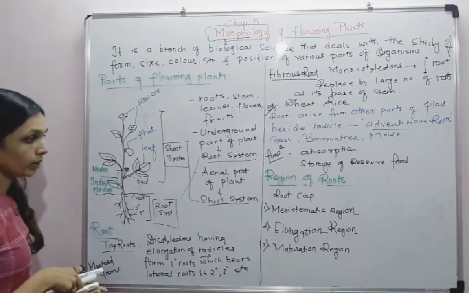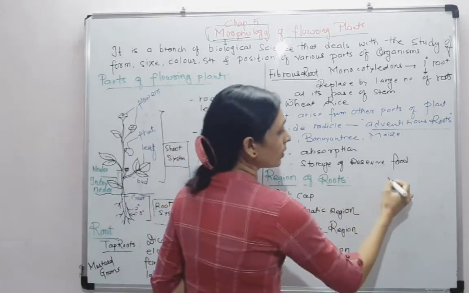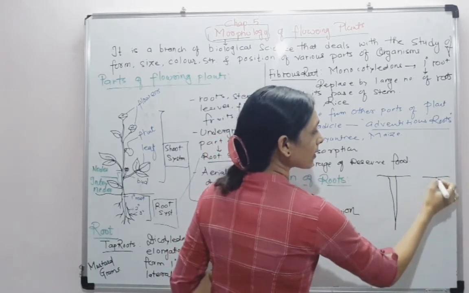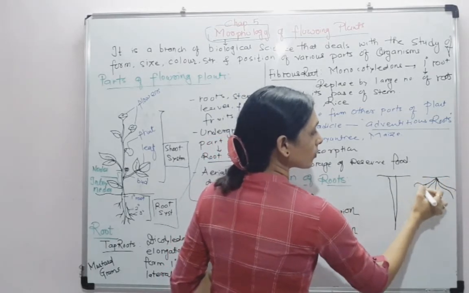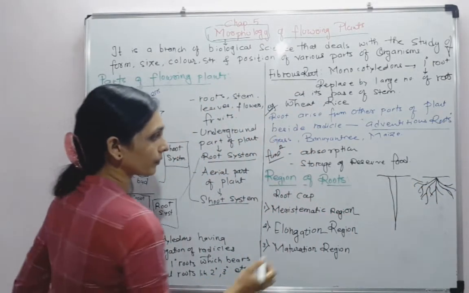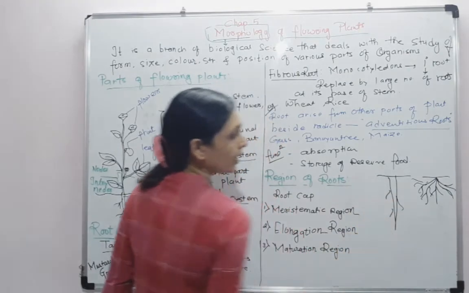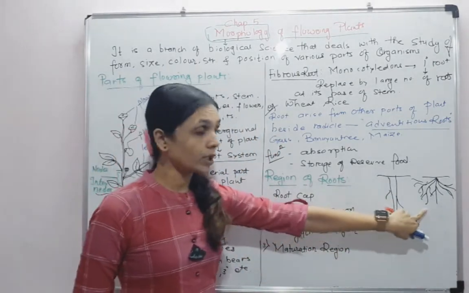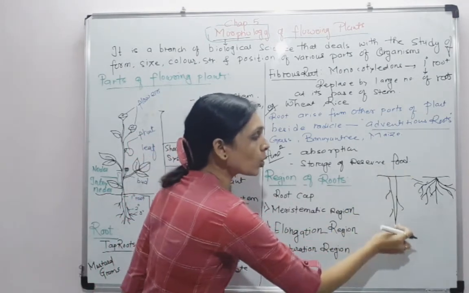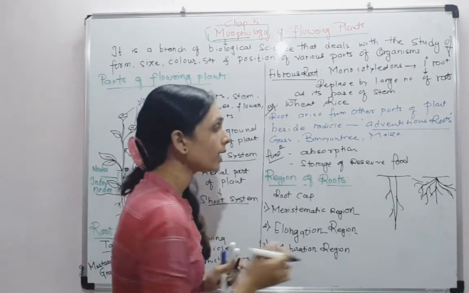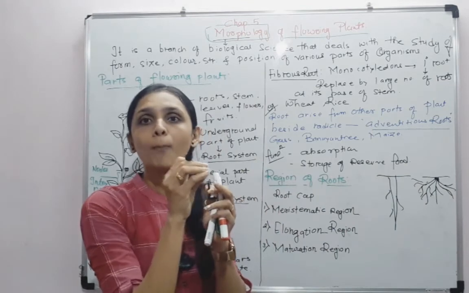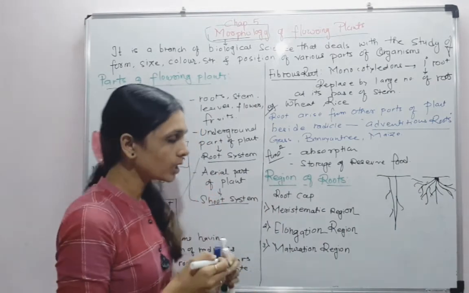If the root system is like this, look at the difference. This one is the taproot and the second one is the fibrous root. Taproot means they have a main root and then subsidiary roots. Fibrous roots have only a bunch of roots arising from the same point. So that is the difference.